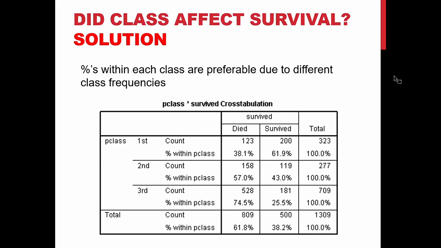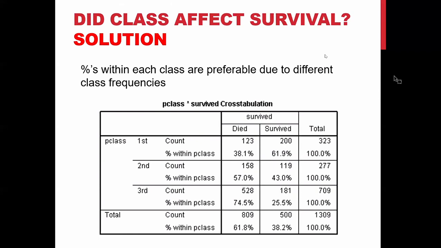It's clear that people in the lower classes were more likely to have died: 74.5% of those in third class died, but only 38.1% of those in the first class. So that explains the stack bar. Next slide, please.